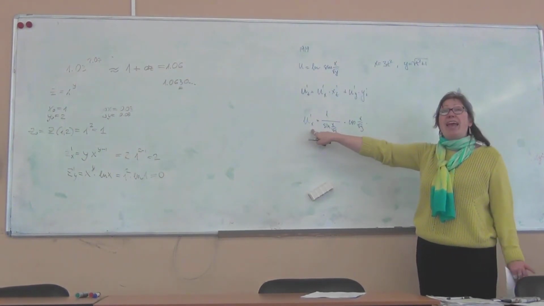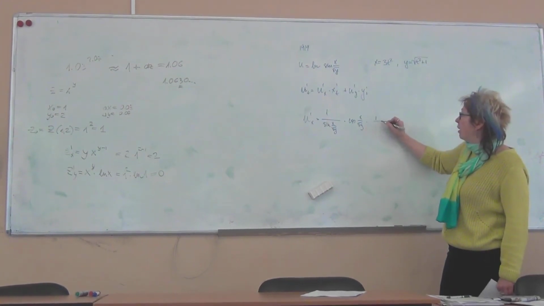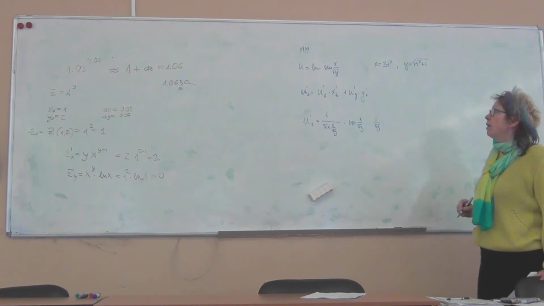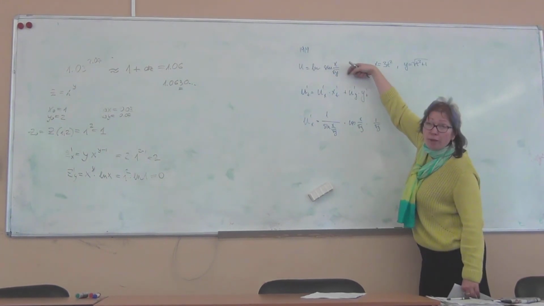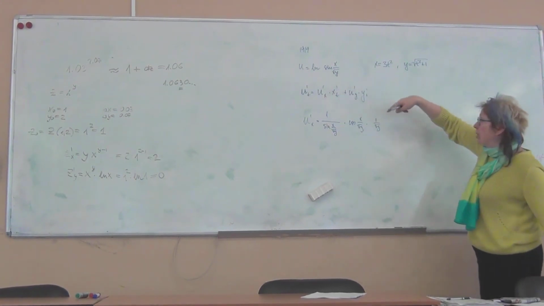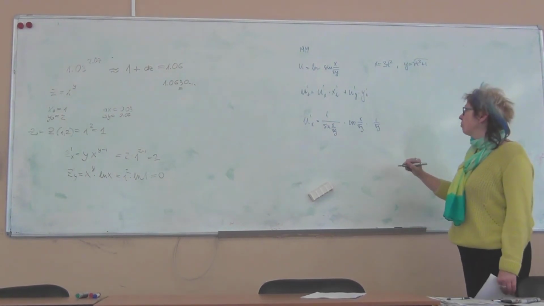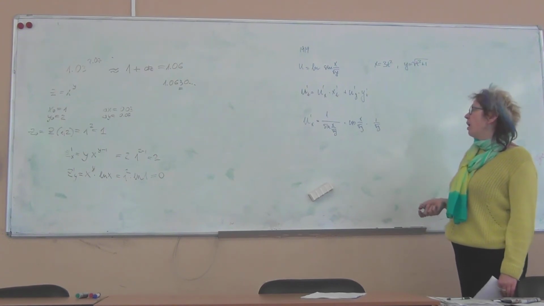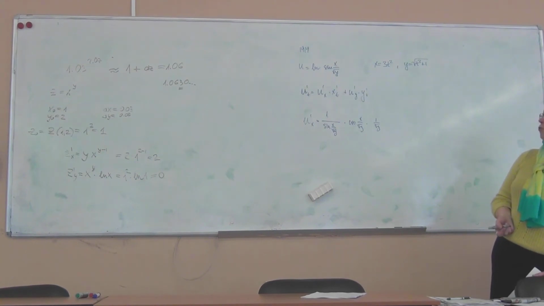We are deriving by x. So the y is a constant, so that will be 1 over square root of y. That's the derivative of x over square root of y in terms of x. So 1 over square root of y is just a constant. I could simplify this, of course. I could write it as cotangent of x over square root of y times 1 over square root of y.